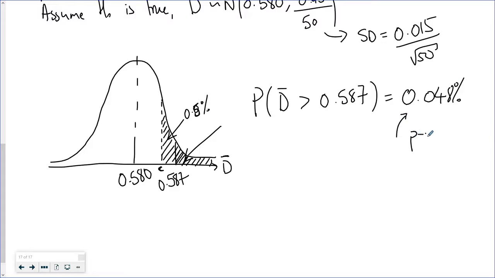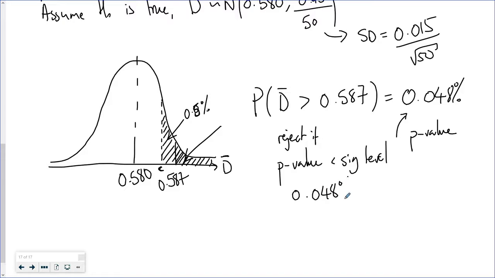So this is what's called our p-value, and sometimes you might see reject H0 if the p-value is less than the significance level. And this logic is why we're rejecting that, because it basically means that you must be in the critical region. So we're going to write that to the examiner. So 0.048% is less than 0.5%.